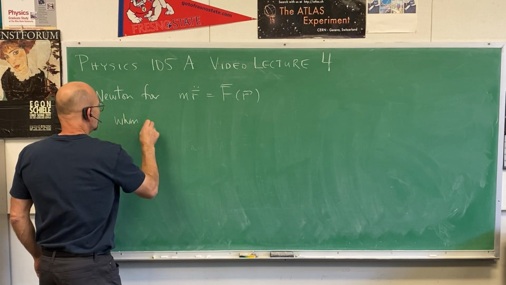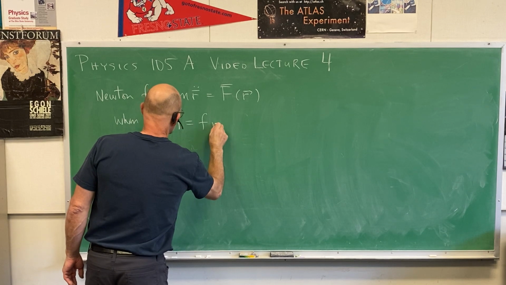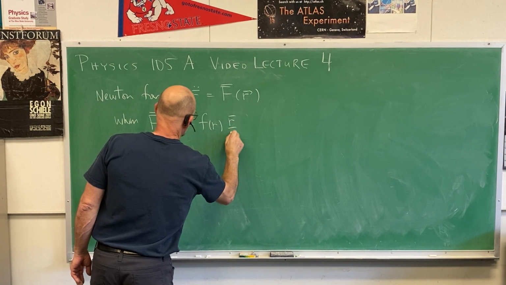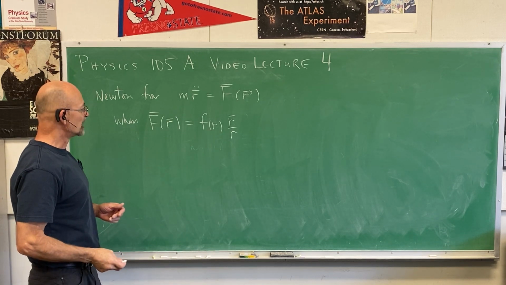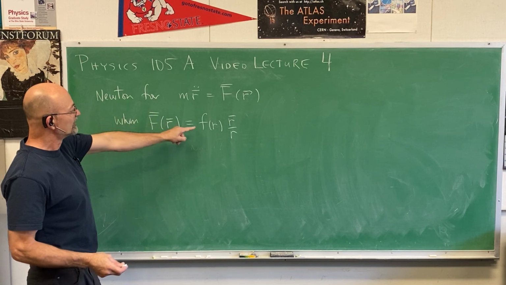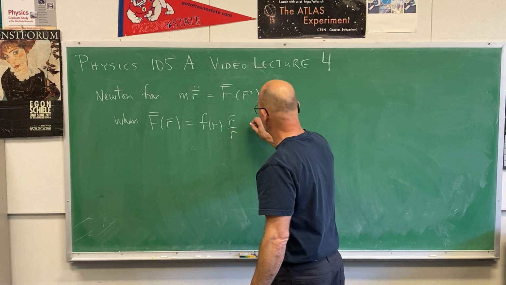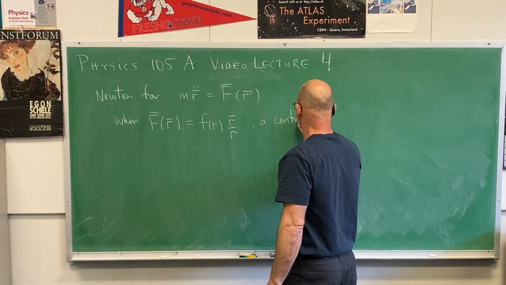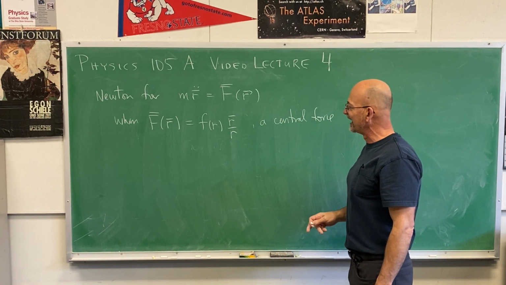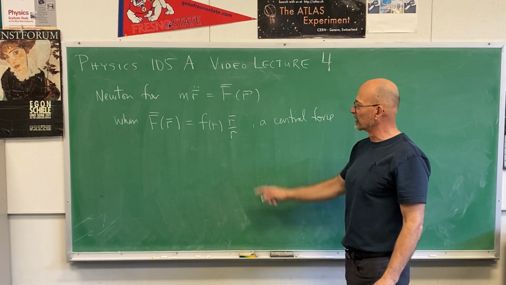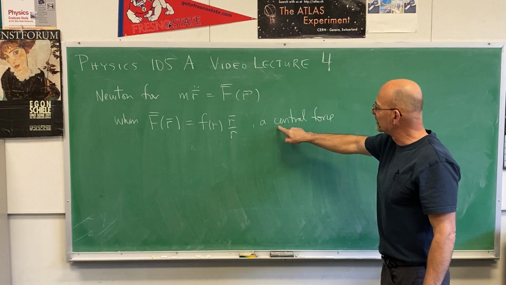So when F of R has this form here, this is just the unit vector. I could also call it R hat. I may do that interchangeably. So when the force has this form right here, then it's what we call a central force. It's a special case of this one right here. It's definitely going to have a potential energy because we showed that the potential energy exists for this type of force right here. So yeah, this is a central force.